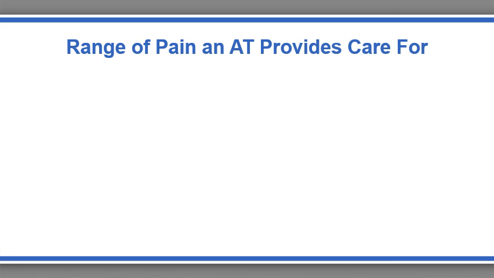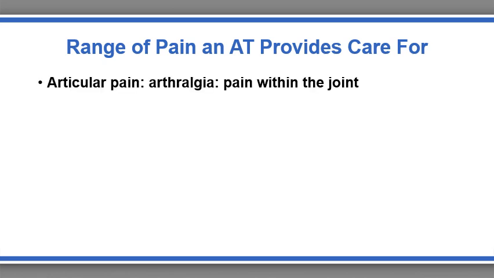So again, there's a reason why we teach about pathology, is because, as part of your assessment, you always have to make sure that you're keeping in mind some non-orthopedic causes of injury, or non-athletic type injuries as a result of activity. So obviously, any type of articular pain or arthralgia, pain within a joint, is something that we commonly run into.